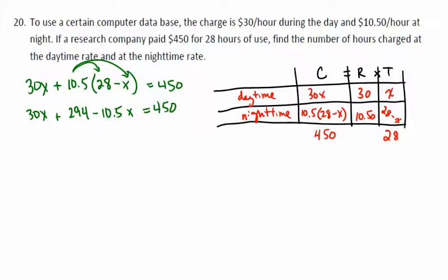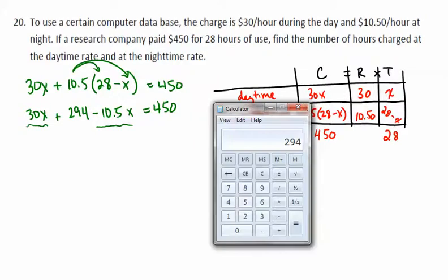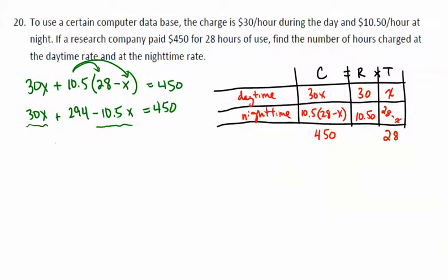What we need to do now is to combine like terms on the same side of the equation. So we have a 30x and a negative 10.5x. When I combine them, that will give me 30 minus 10.5, which is 19.5. 19.5x plus 294 equals 450.